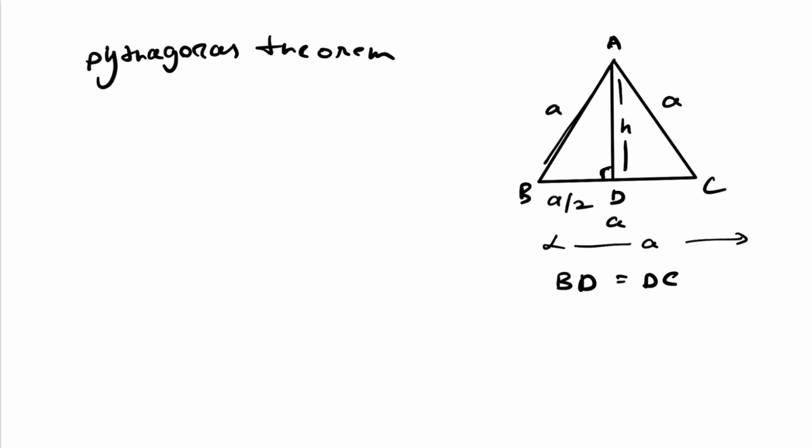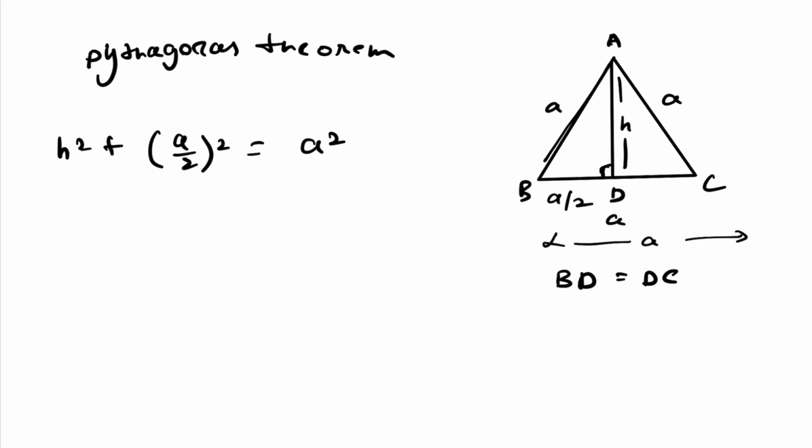we can write H square plus (A by 2) square is equal to A square. Hypotenuse AB, A square, is equal to perpendicular H square plus base BD, A by 2 square. So simplify these equations.